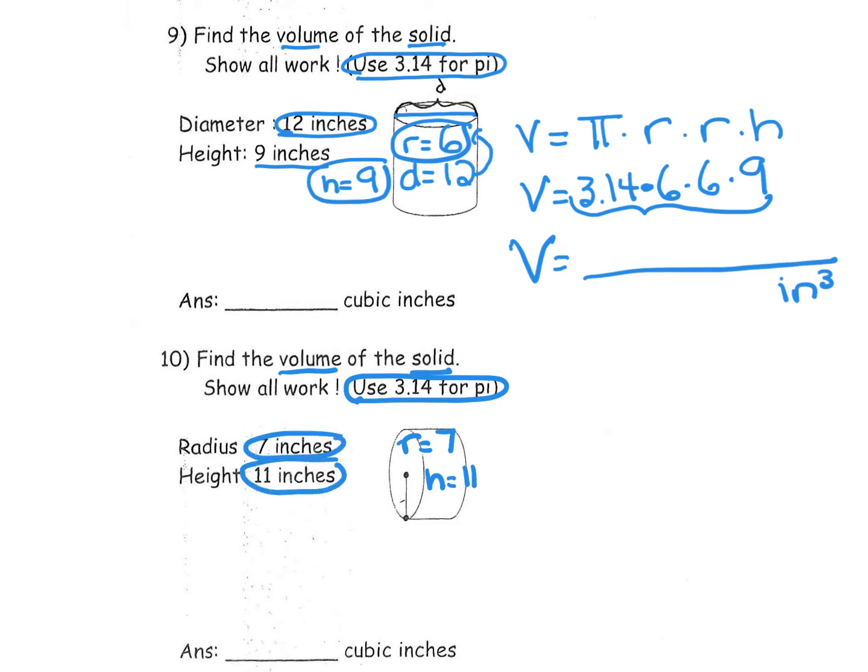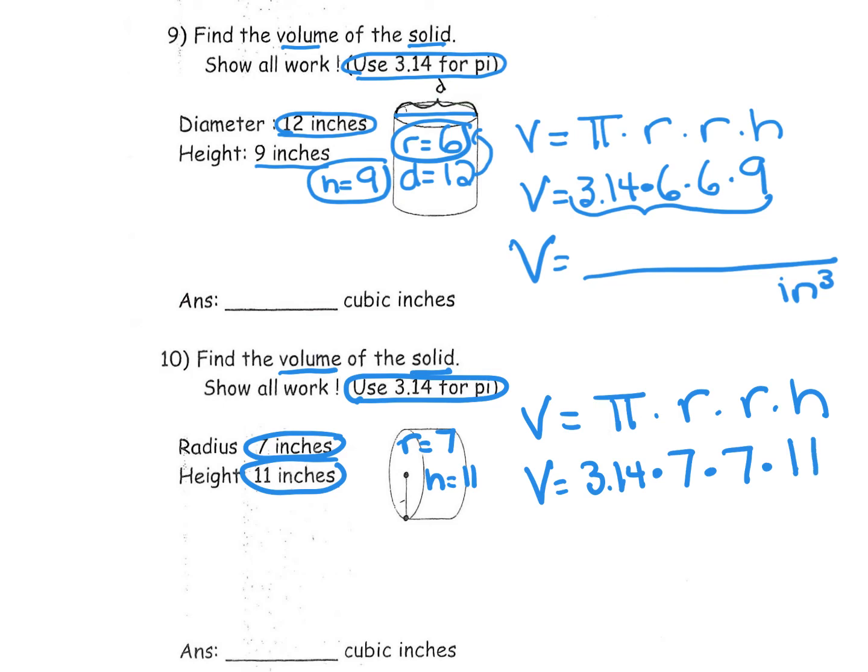We're going to use the same formula as above. We're going to use 3.14 for pi again, times a radius of 7 times a radius of 7 times a height of 11. You're going to find the volume again of this one in cubic inches.